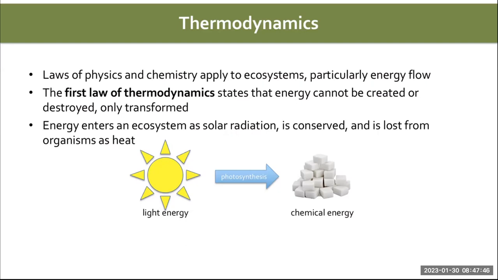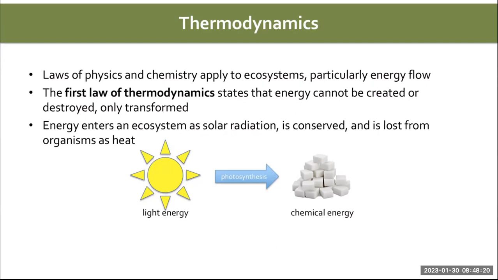So the first law of thermodynamics states that energy cannot be created or destroyed. It can only be transformed. So energy enters an ecosystem as solar radiation, as I mentioned before, and some of that is harnessed, but a lot of that is lost in the form of heat and radiation.